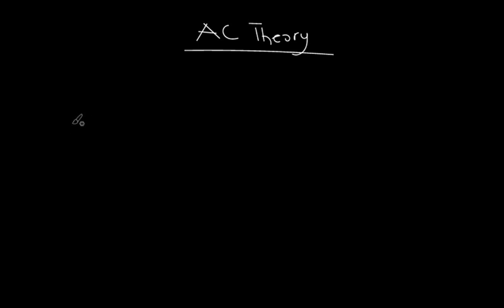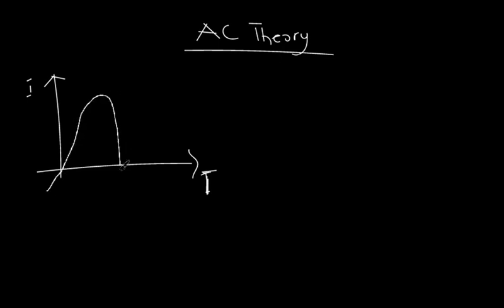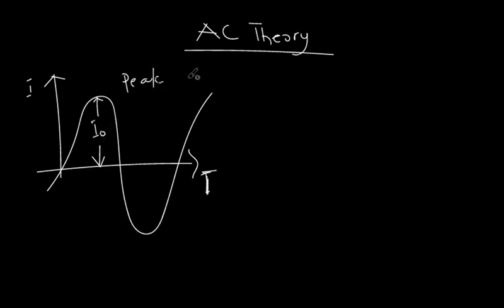If we plot a graph of current against time, we get to realize the curve goes up and then comes down, and then it goes up and comes down again. Now the highest current we have over here is what we call I naught, which is what we refer to as the peak current.